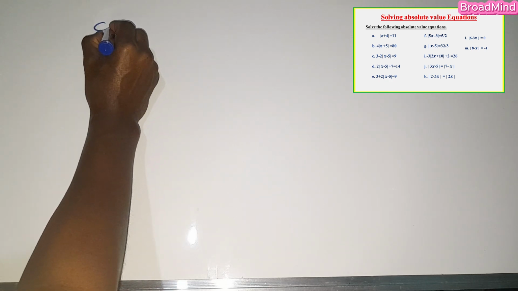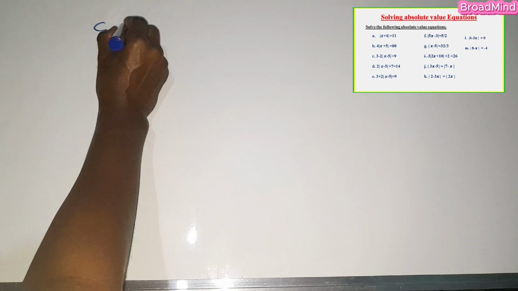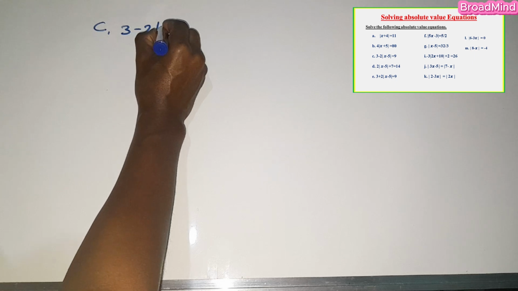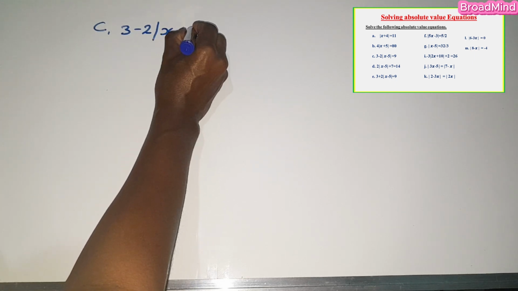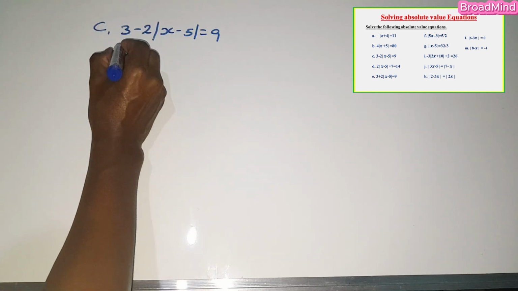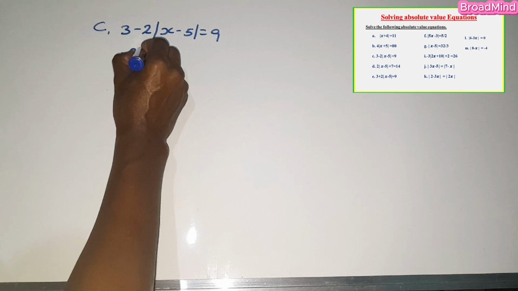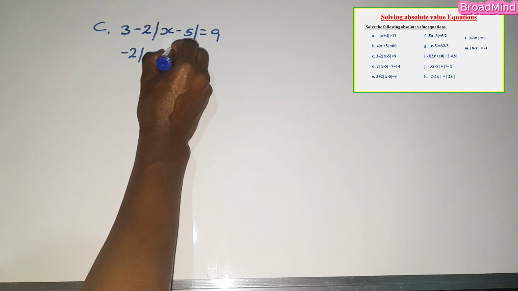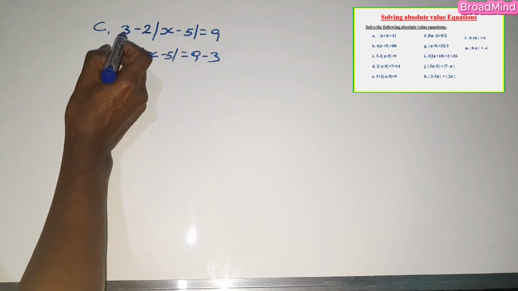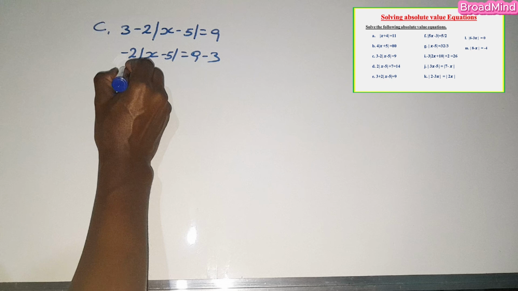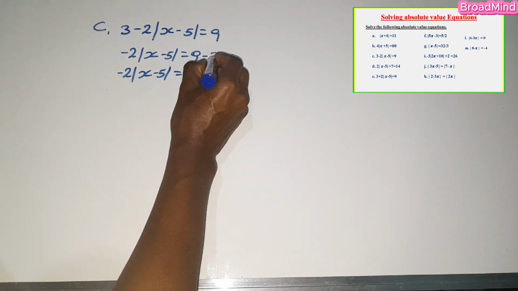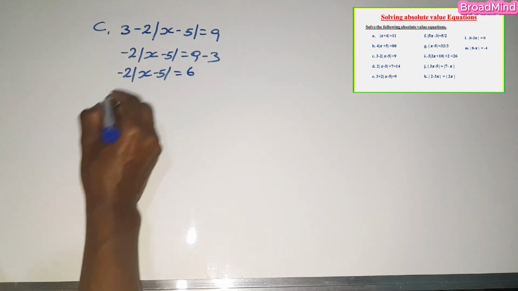C. 3 minus 2 absolute value of x minus 5 is equal to 9. Now negative 2 absolute value of x minus 5 is equal to 9 minus 3, which is 6.